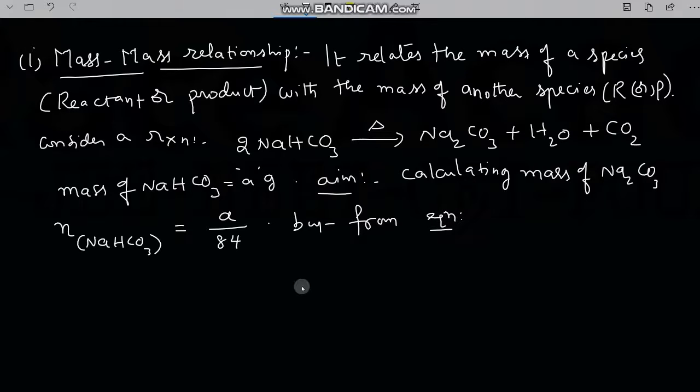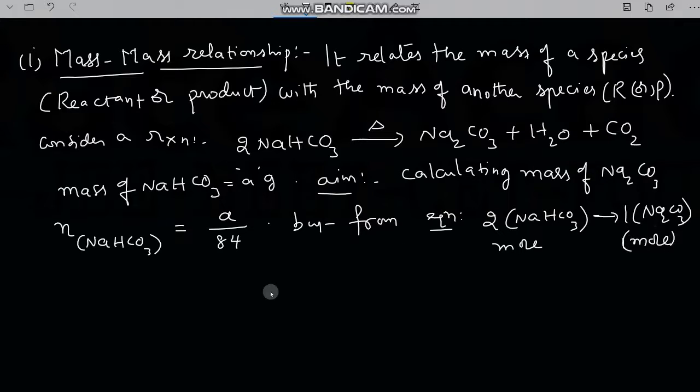From the equation we have 2 moles. The 2 moles give how many moles of sodium carbonate? 1 mole of sodium carbonate. So 2 moles of sodium bicarbonate give 1 mole of Na2CO3, which is only 1 mole in this reaction.